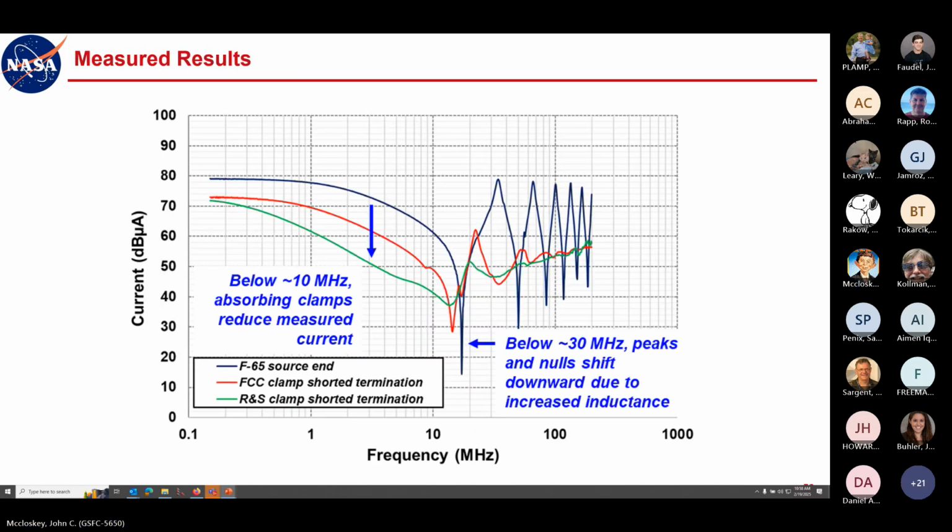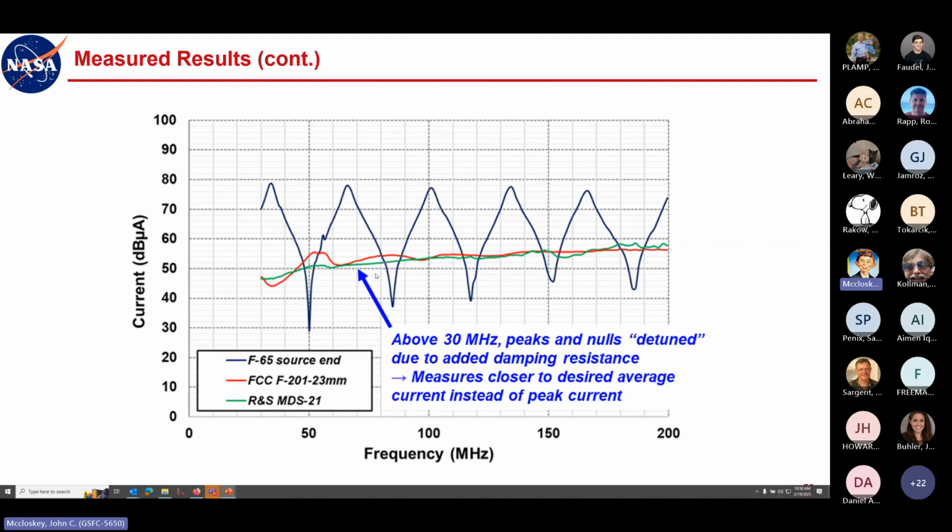We've taken some measurements with this. This does show that the absorbing clamp will affect the current measurements below 30 megahertz, so I don't really recommend we use it there, but above 30 megahertz is when it's most effective. This picture shows that. This is the measurement with a standard current probe when we're looking at the source end.